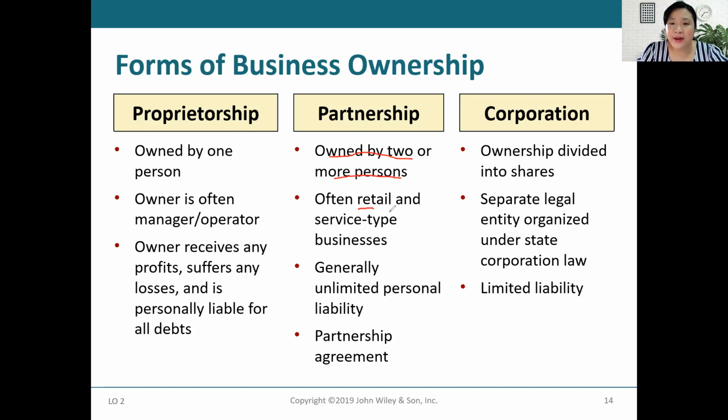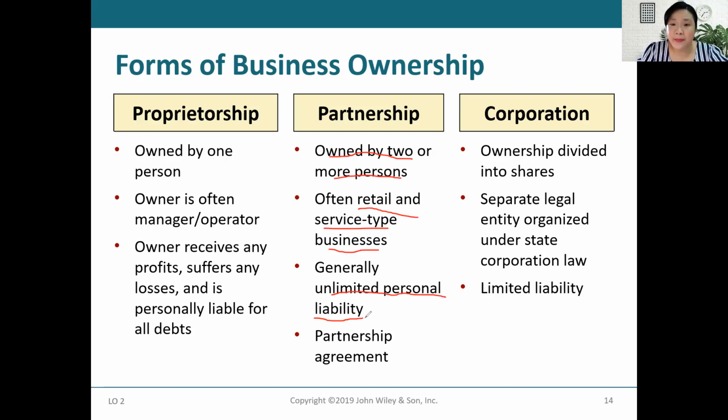Normally, it is a retail or service type business, like a restaurant or hair salon, or other types of service business, like repair shops, okay? So normally the partners will have generally unlimited personal liability, okay? What does it mean by generally unlimited personal liability?